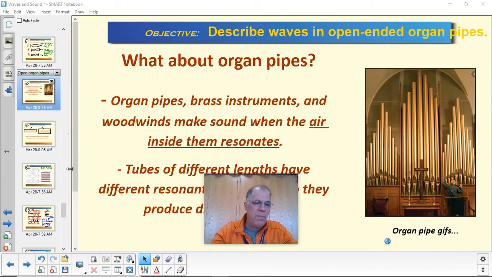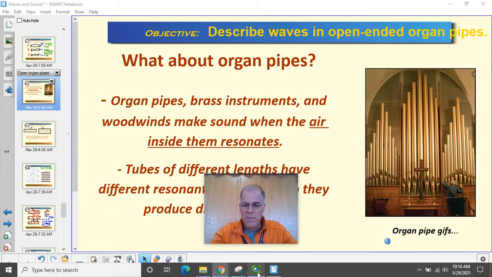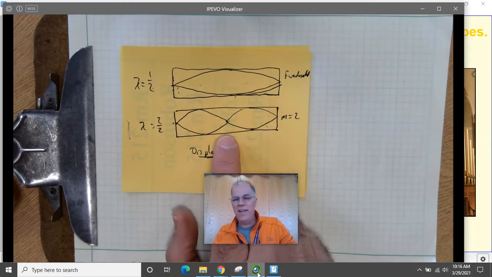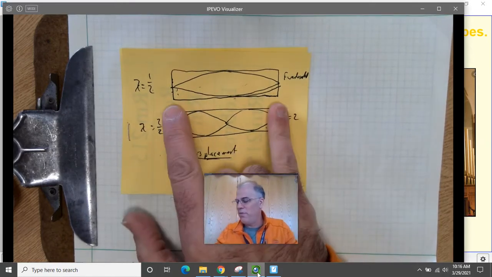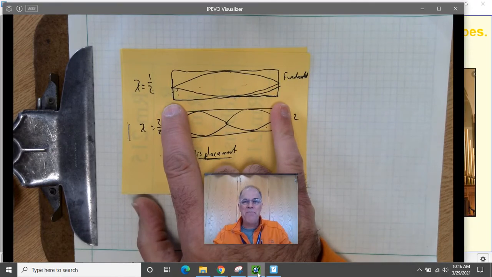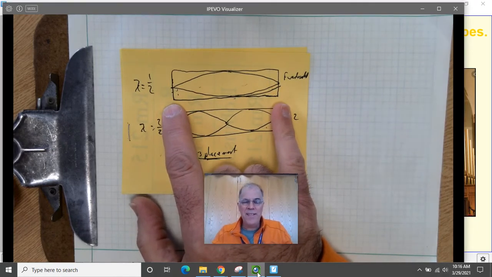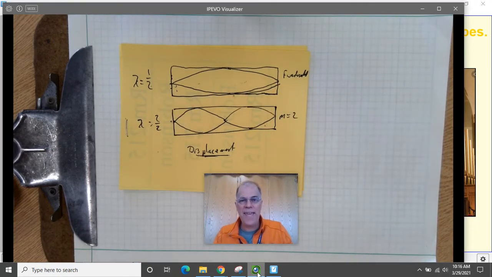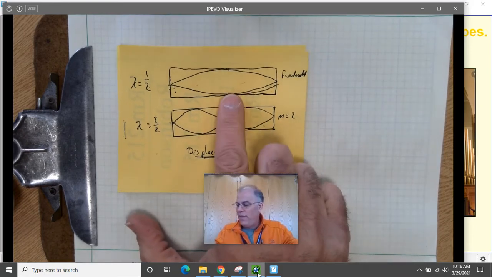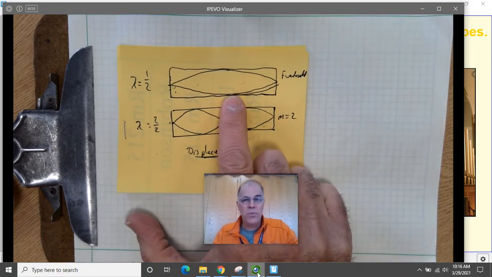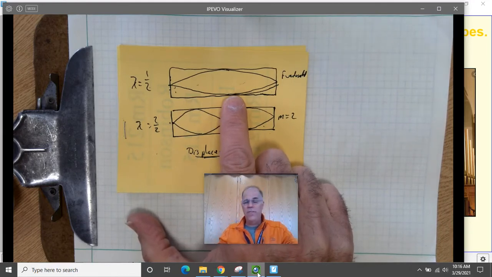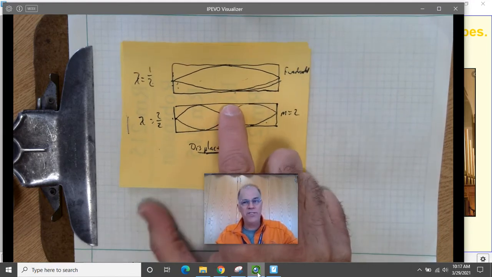Now, by the way, incidentally, let's go back to the clipboard here. You'll never see instruments that are made like this with both ends closed, because the sound can't get out. It's basically a sealed can with sound inside. You get really nice resonances and really nice tones in there, but you can only hear it if you're inside.